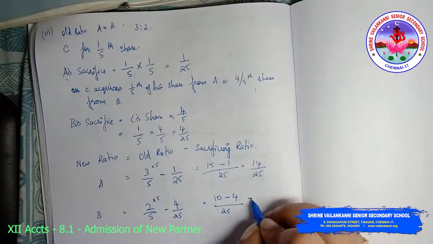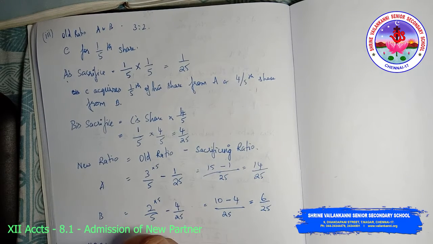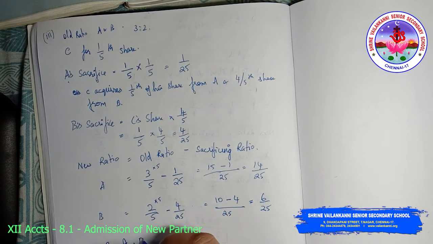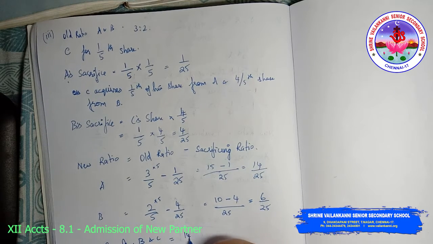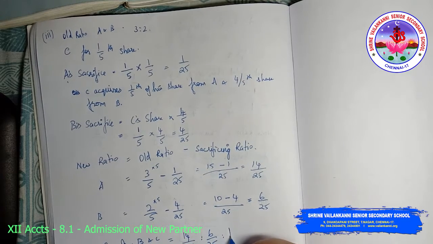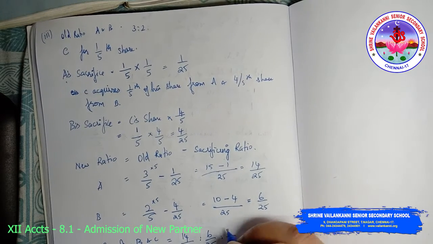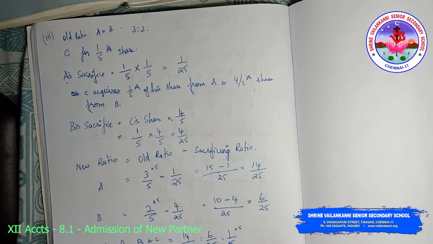Okay, and 6/25. Now the new profit sharing ratio of A, B and C is 14/25 is to 6/25 is to 1/5. So this is multiplied by 5. So 14 is to 6 is to 5.